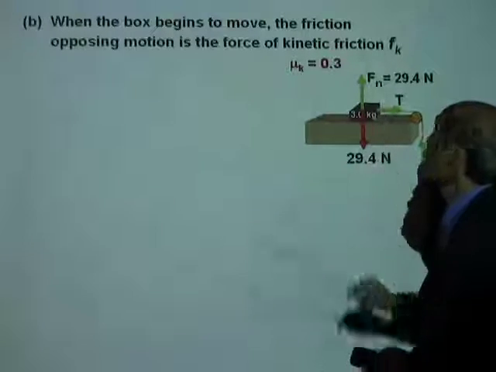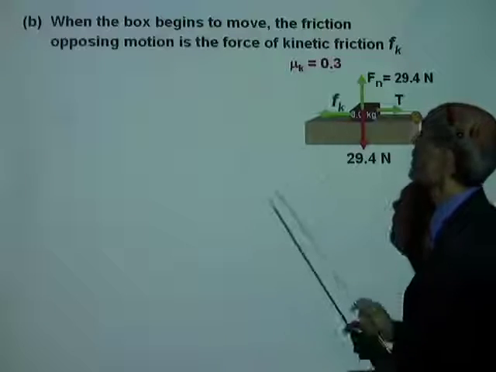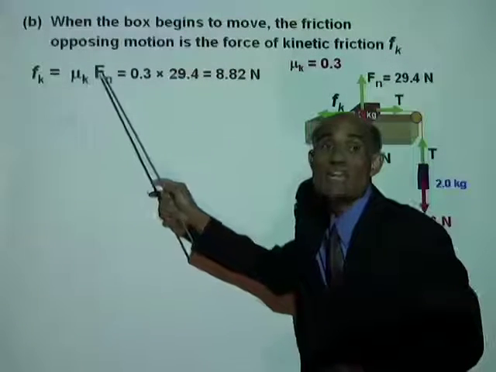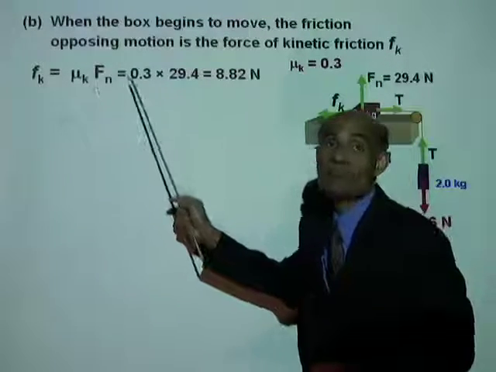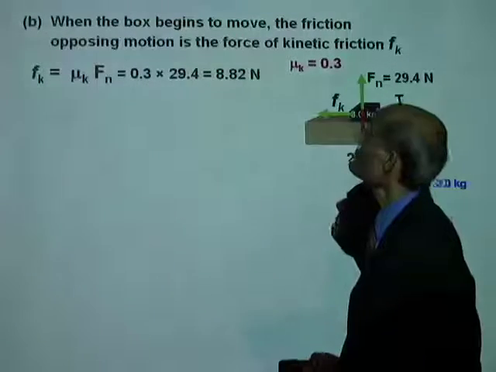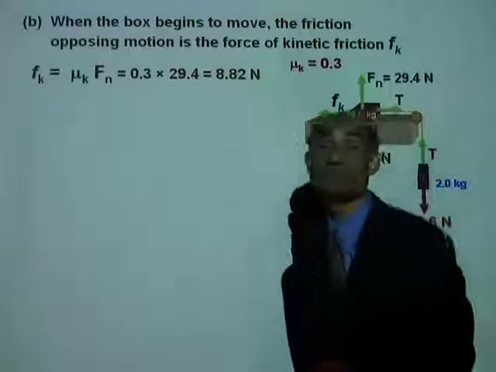So F sub k equals mu k times Fn, and mu k is given to us. That will be 0.3 times 29.4, that is 8.82 Newton.